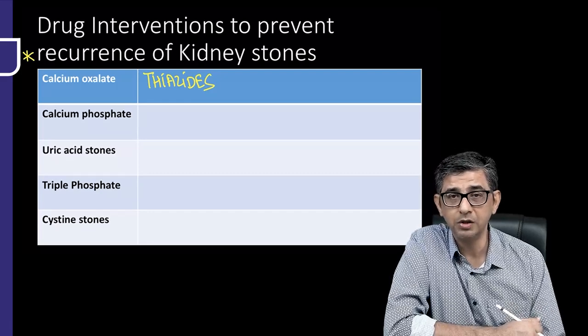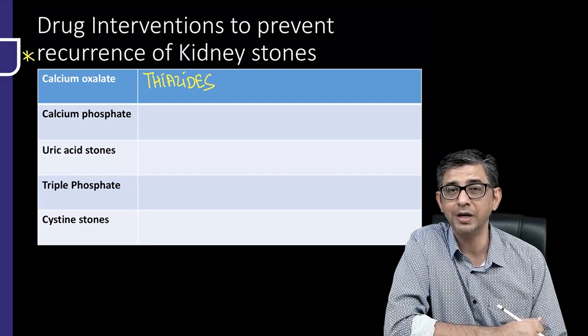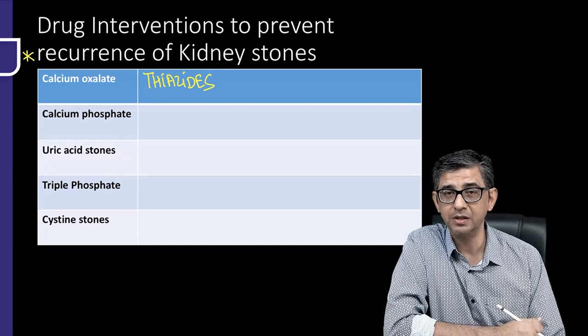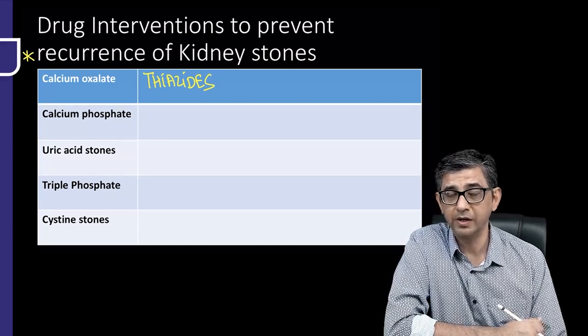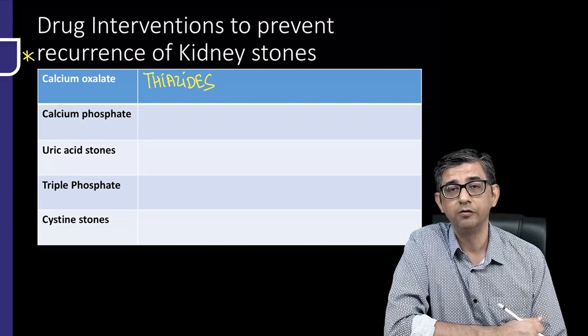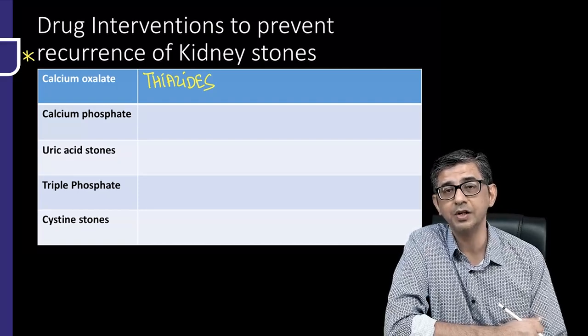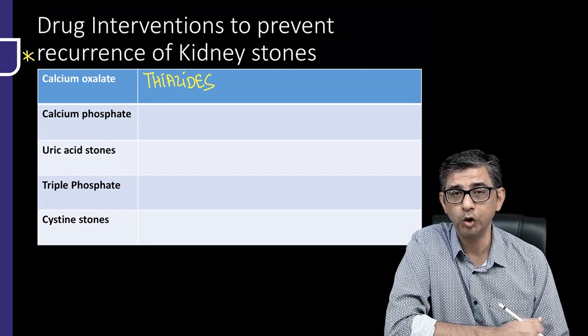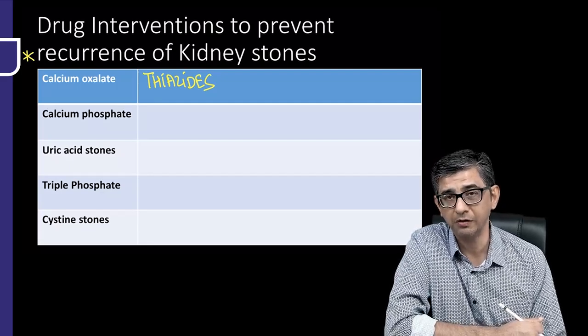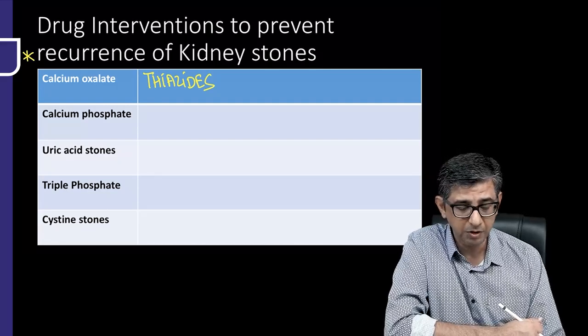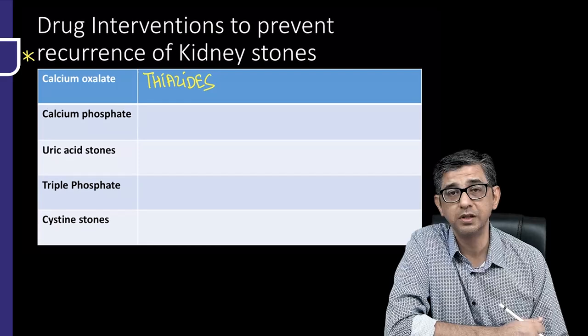Now, to kick out the calcium from the blood, we can use furosemide, because furosemide promotes urinary excretion of calcium. And in the same breath, thiazides do the opposite of furosemide. Furosemide causes an increased excretion of calcium in the urine, and thiazides tend to reduce the urinary excretion of calcium, which is why they would be beneficial for patients who are having calcium oxalate stones.